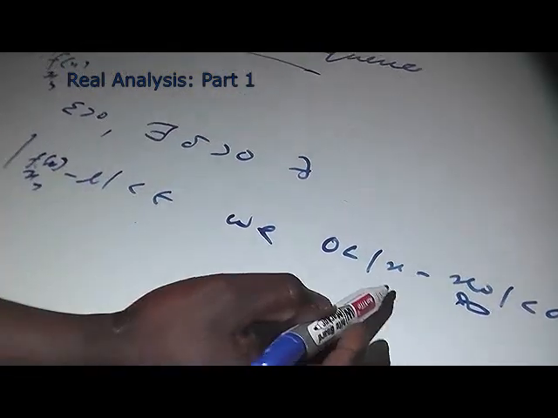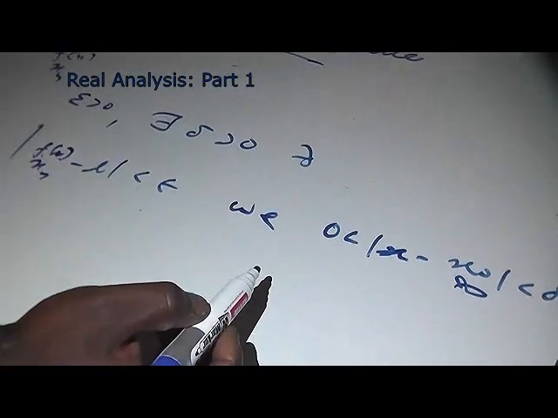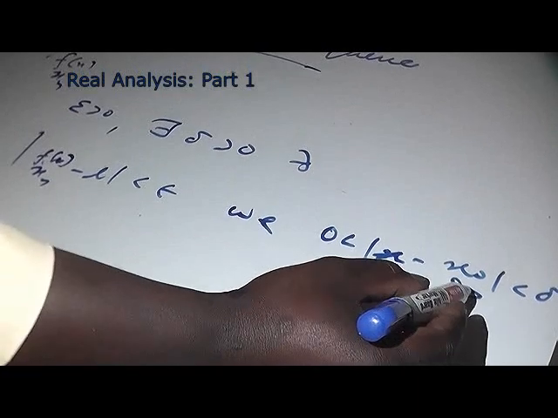We now translate this convergence to convergence of a sequence xn. We'll be dealing with infinite sequences, meaning that this x0 will be infinity, but we are dealing with a countable subset of the real line. This x will now be n, meaning that n is not too far different from infinity.